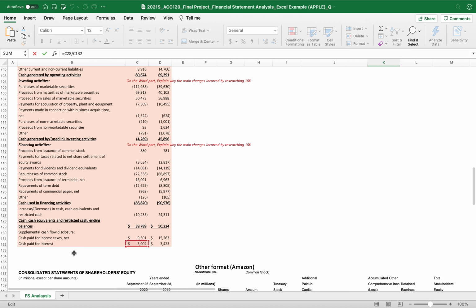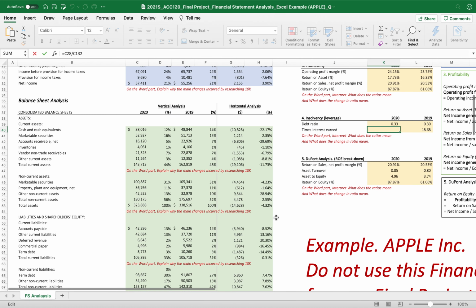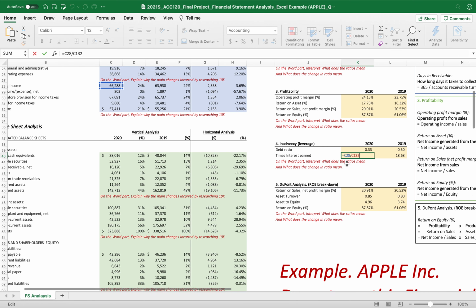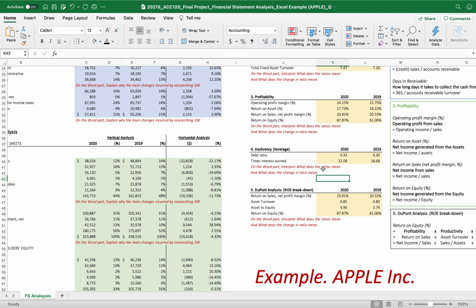Right, there you go: cash paid for interest. So $3 billion for the cash paid for interest for the year. So we see times interest earned has improved. That means the company has been better for the leverage and insolvency part. They have more ability to pay interest out of operating income.